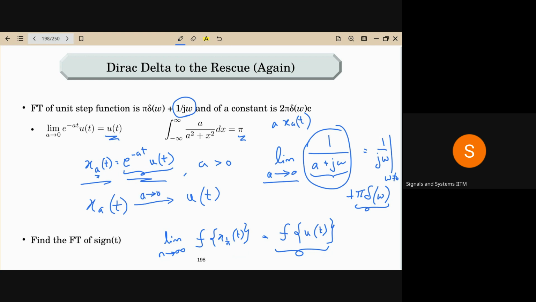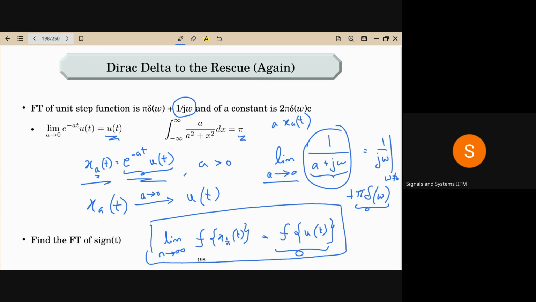Now apply Fourier transform on both sides. So applying Fourier transform on both sides, you just take the Fourier transform inside the limit. Technically, there are conditions under which you can take the Fourier transform inside the limit. Here, it happens to be satisfied. So you take the Fourier transform inside the limit. When you do that, this is what you get.